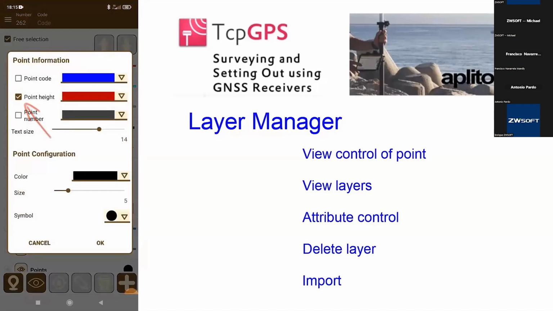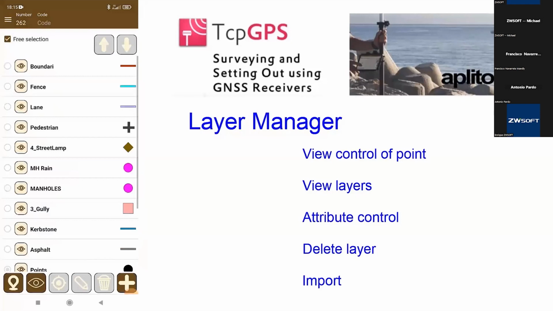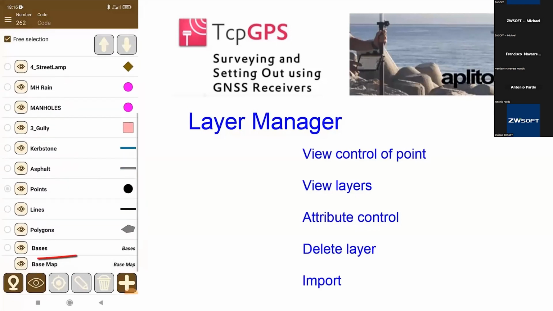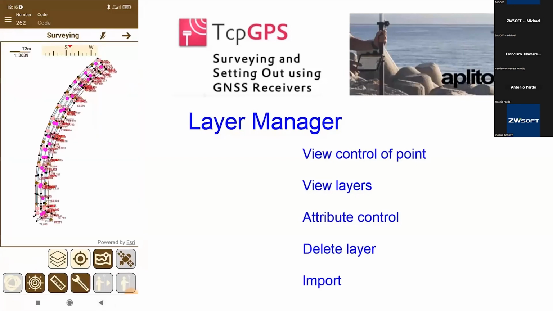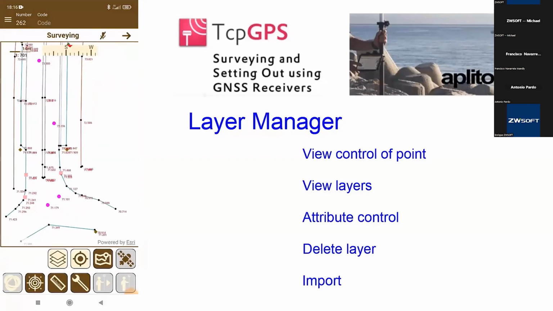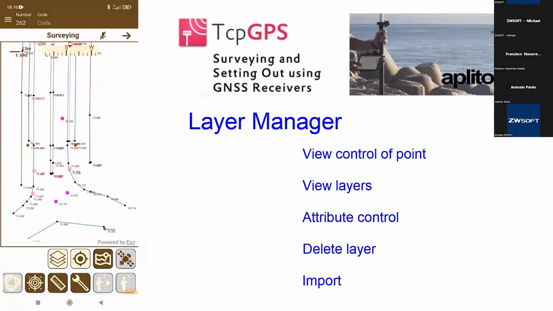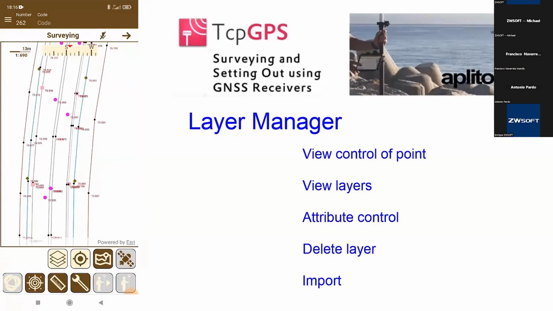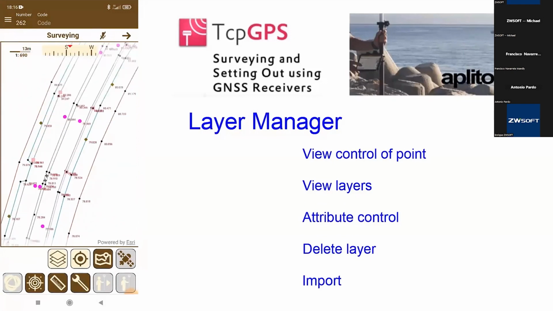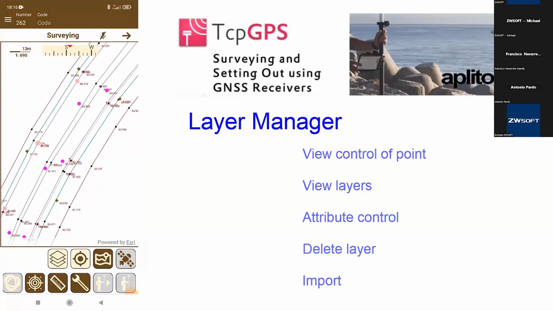We can control the color of the point, the shape, and the size of the text. We can hide or show different layers, or import by layer different formats like DXF, or maybe GML or ZIP files.